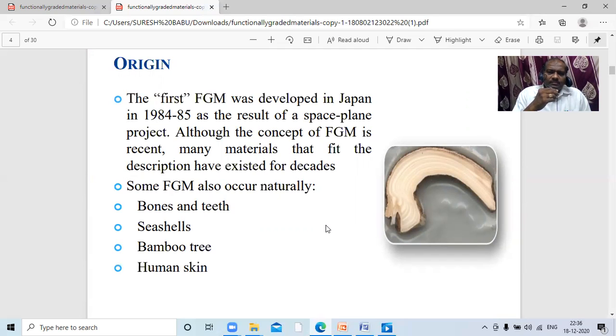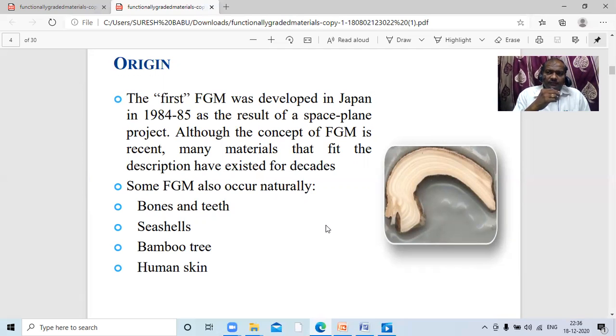bones and teeth, seashells, bamboo tree, human skin. These are a few examples to explain the need of FGM. Bones are for toughness. Teeth are for toughness.